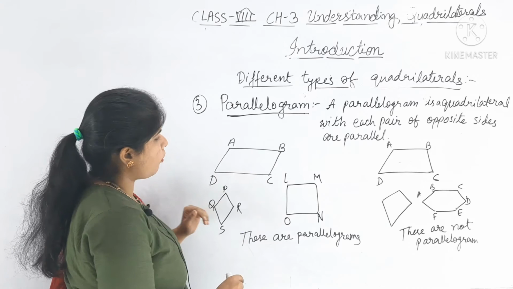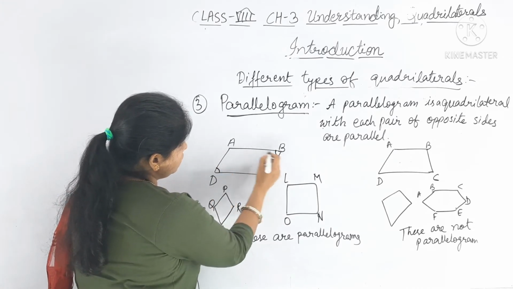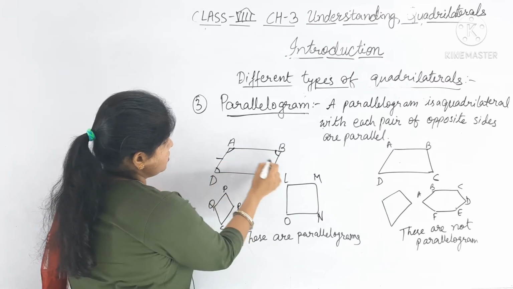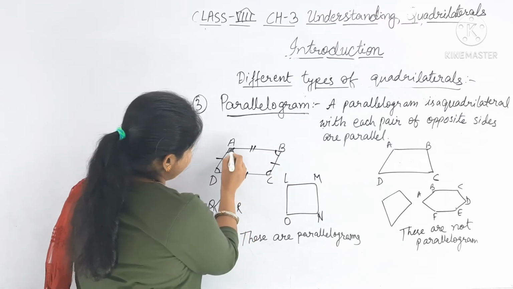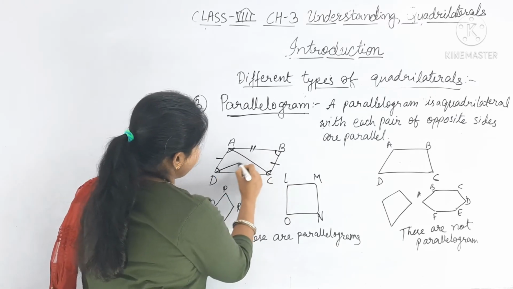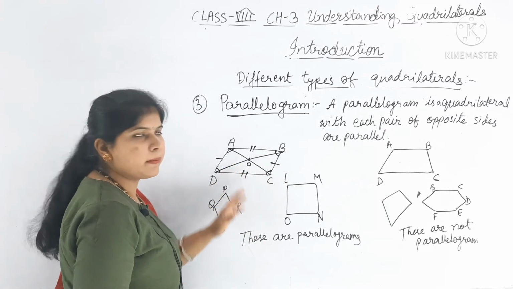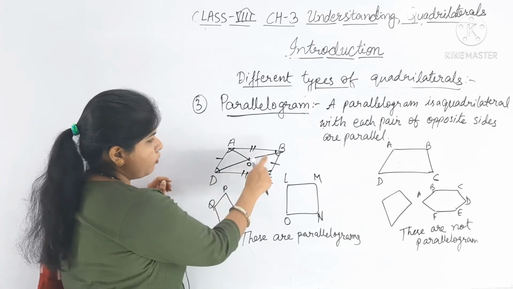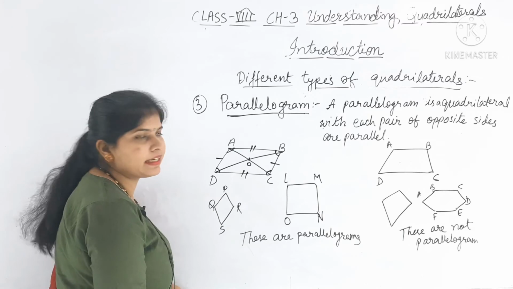Here are some properties: opposite angles are equal, opposite sides are equal, and diagonals bisect each other. So these are the three properties of a parallelogram: opposite angles are equal, opposite sides are equal, and diagonals bisect each other.